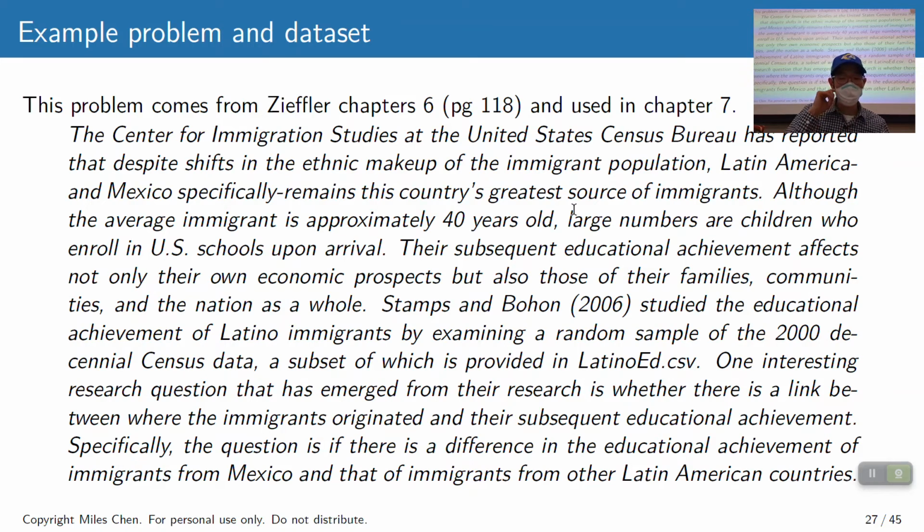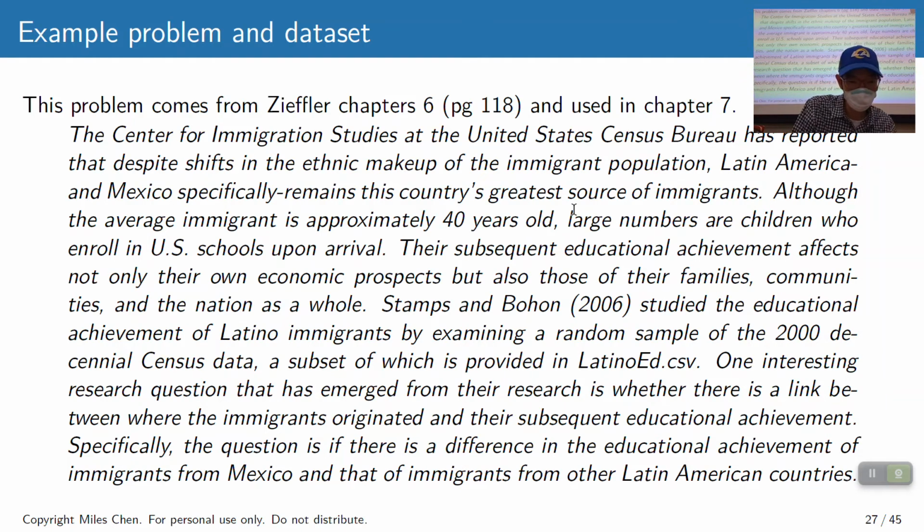Stamps and Bowen studied the educational achievement of Latino immigrants by examining a random sample of the 2000 decennial census data, a subset of which is provided in the CSV. One interesting research question that has emerged is whether there is a link between where the immigrants originated and their subsequent educational achievement.